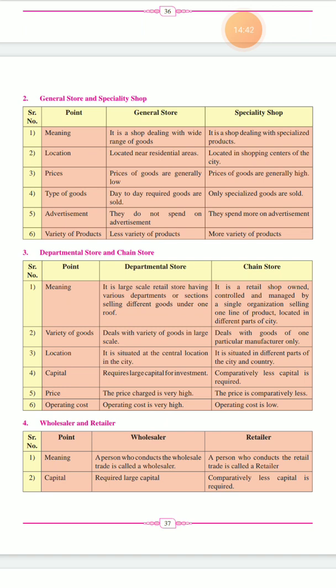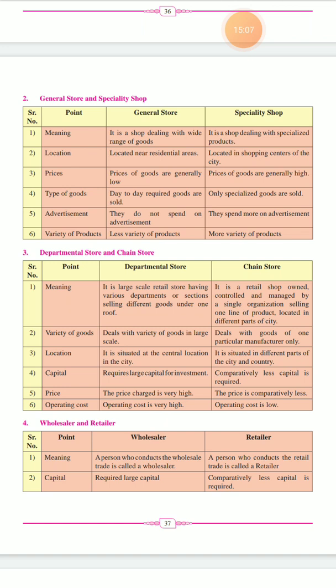Chain stores are what, these stores are operated by only one person. For example, Bata, then you have Lenskart. Okay, so these are shops owned, controlled and managed by one single owner. Okay, but they have stores in different parts of the city.